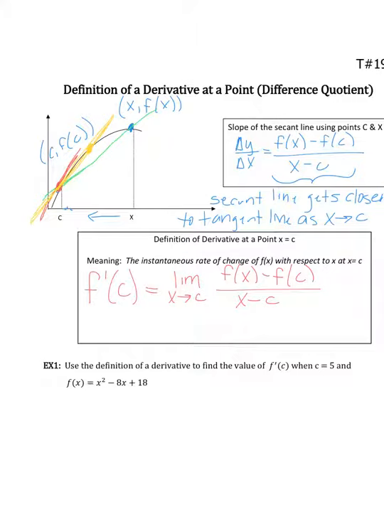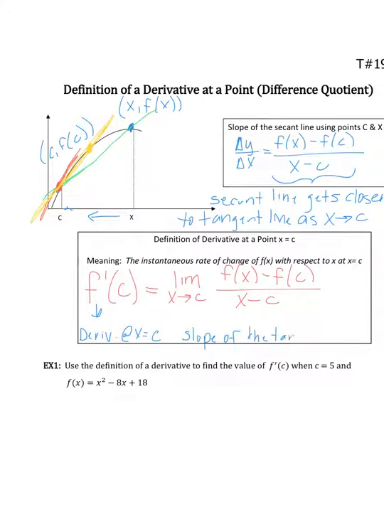No, no, no, no. It gives me the exact slope of that red line. And that's what a derivative is. This is the notation for the derivative at x equals c, which is the slope of the tangent line at c.